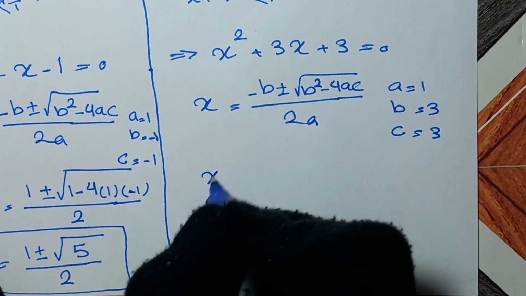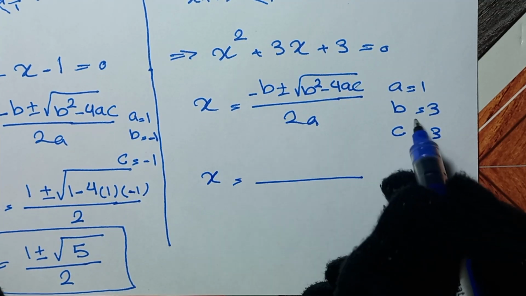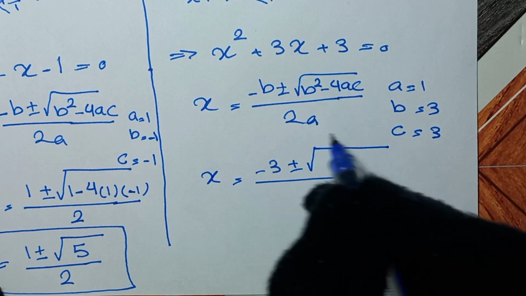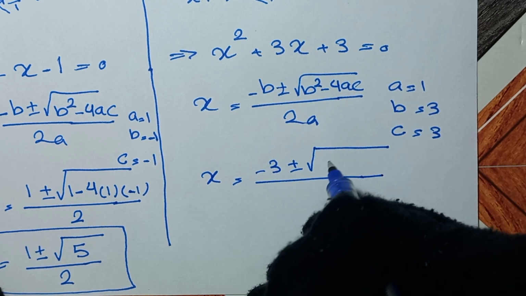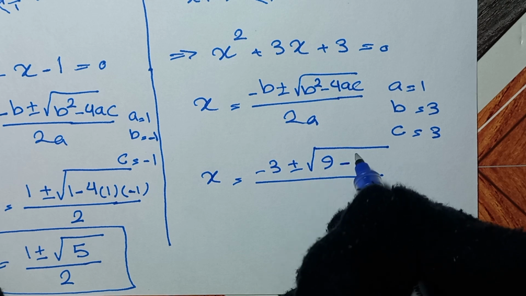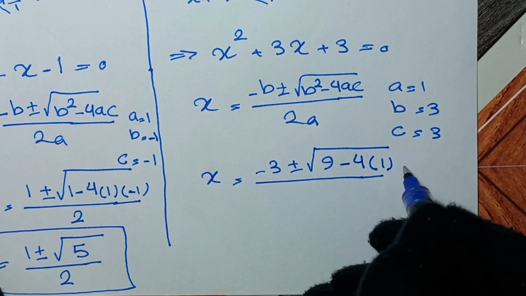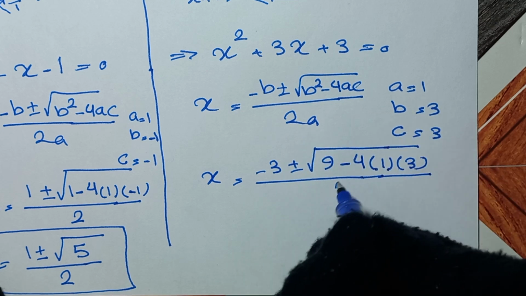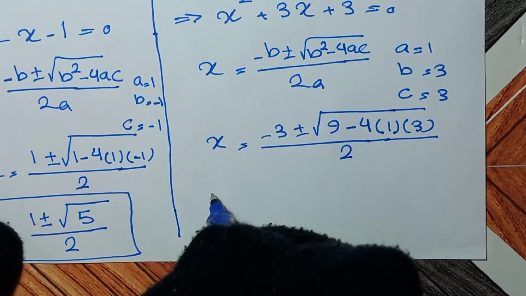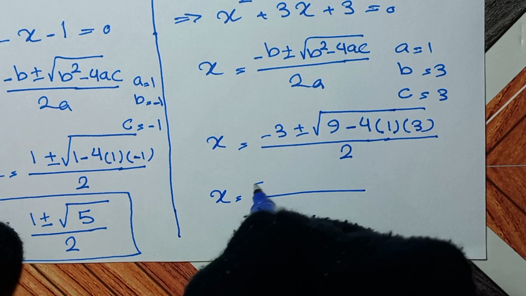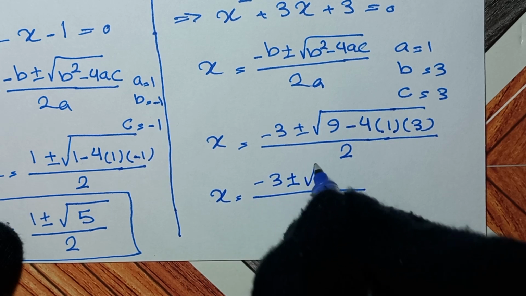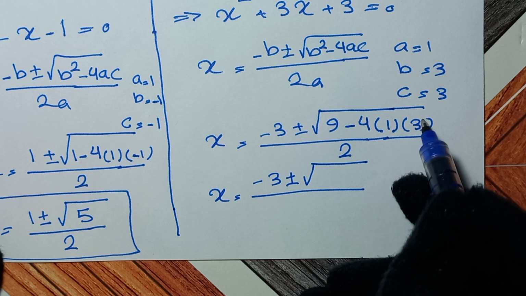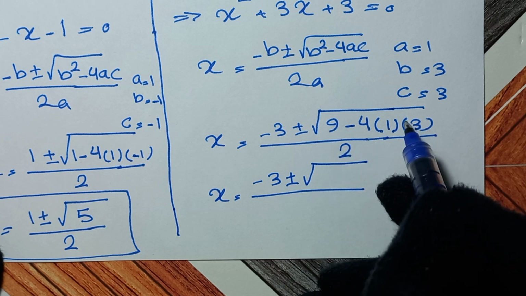So x equals negative b, negative 3, plus or minus square root of b squared, which is 9, minus 4ac, 4 times a, which is 1, and c, which is 3, and over 2a, which is 2. And from here, x equals negative 3 plus or minus square root of 4 times 1 times 3, it will be 12. So 9 minus 12 will be negative 3, right?